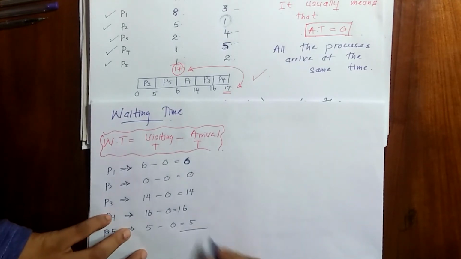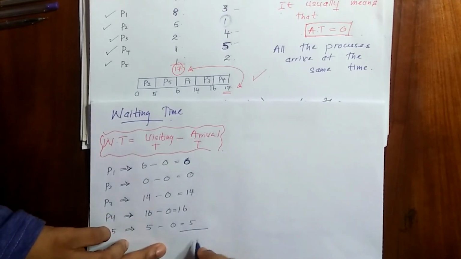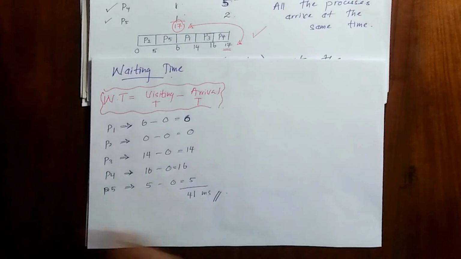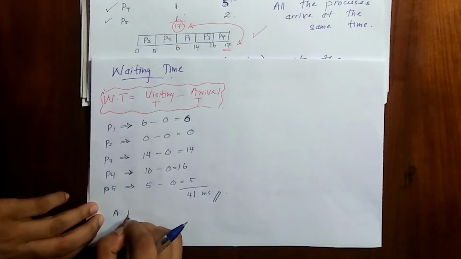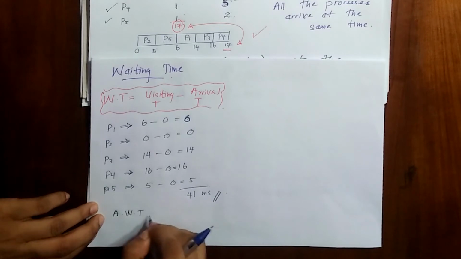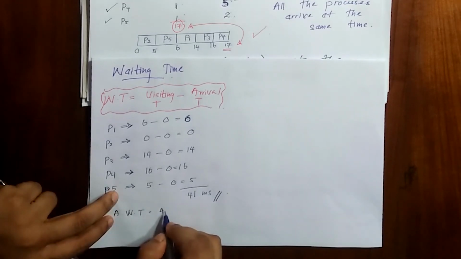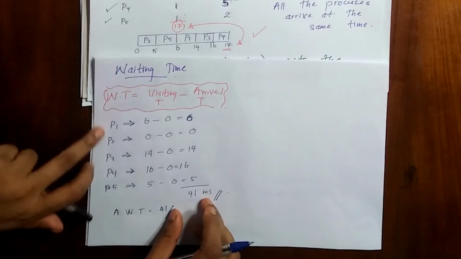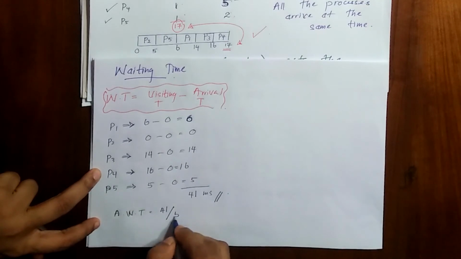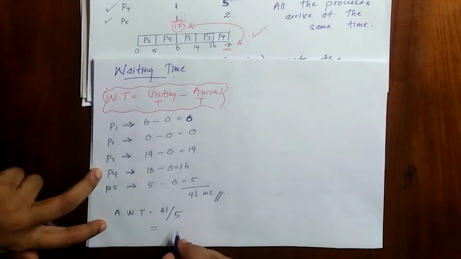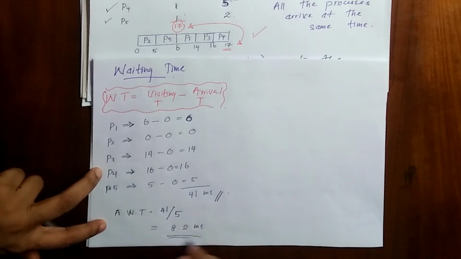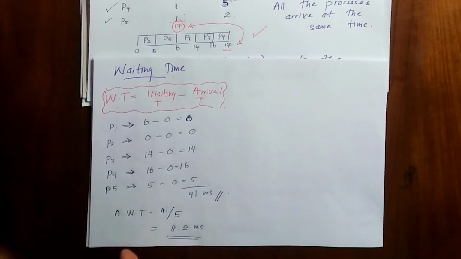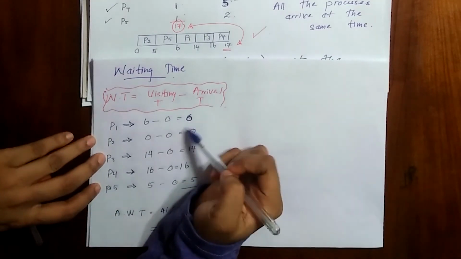So the answer is, the total waiting time is 41 milliseconds, and the average waiting time is 41 divided by the number of processes, the total value divided by the number of processes, which means here it is 5, and the answer is 8.2 milliseconds, right?